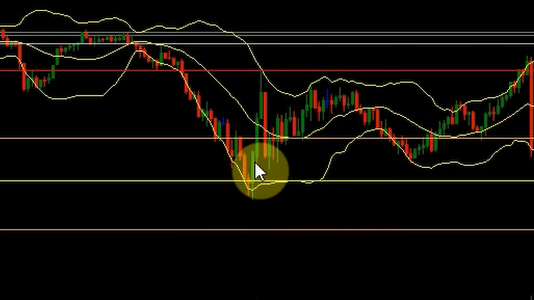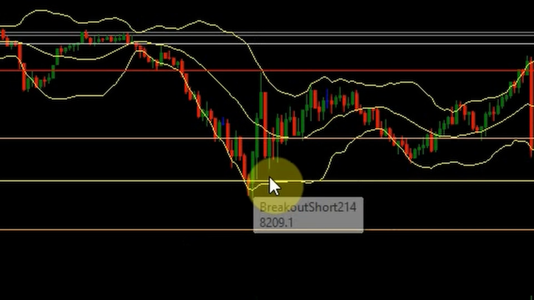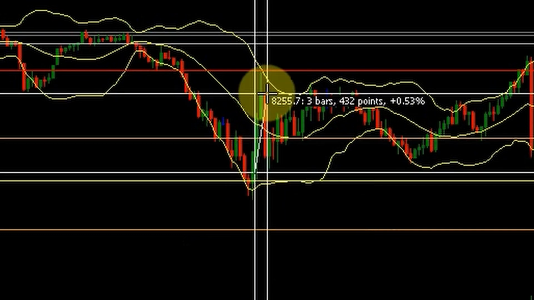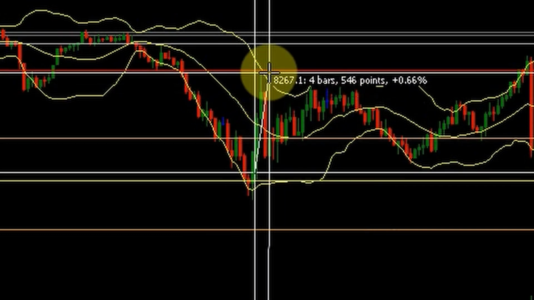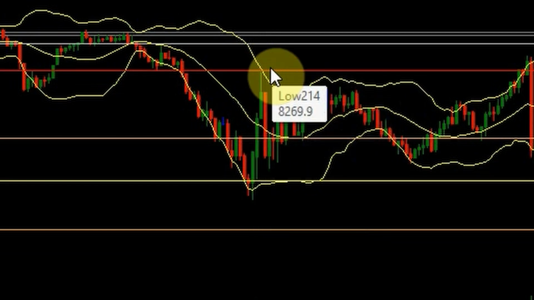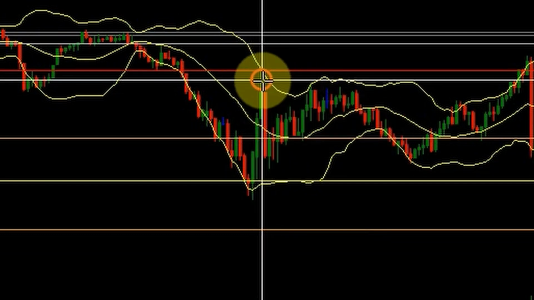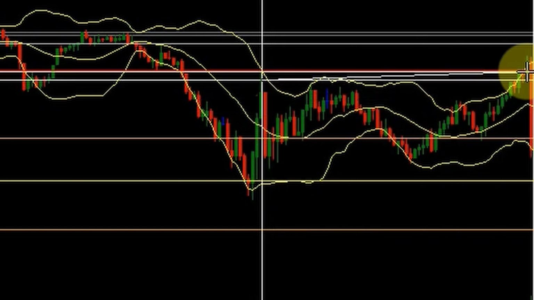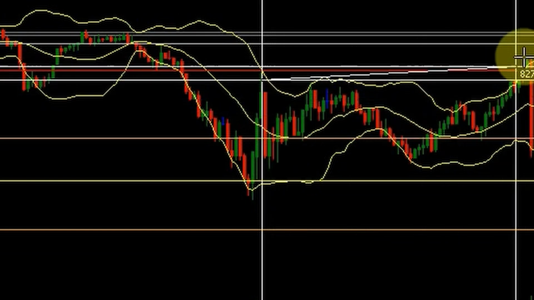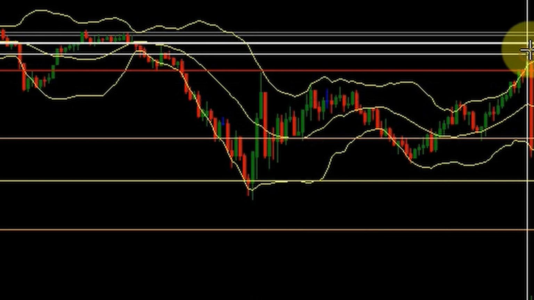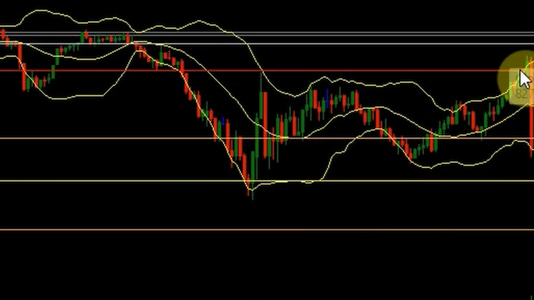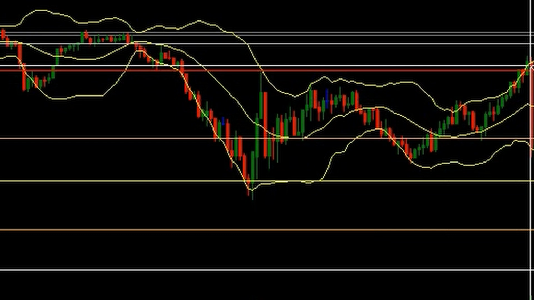And we can see here the market came down, tapped the breakout short, and continued up for about 50 points. Tapped the extreme gap, which is the low in this case, and then faded. The market did come back and retest this area, which may be considered as filling the close gap also because it was quite close, and then it continued lower.